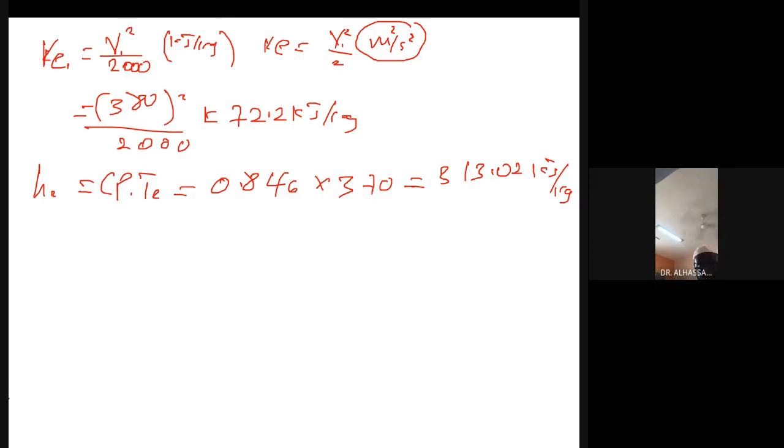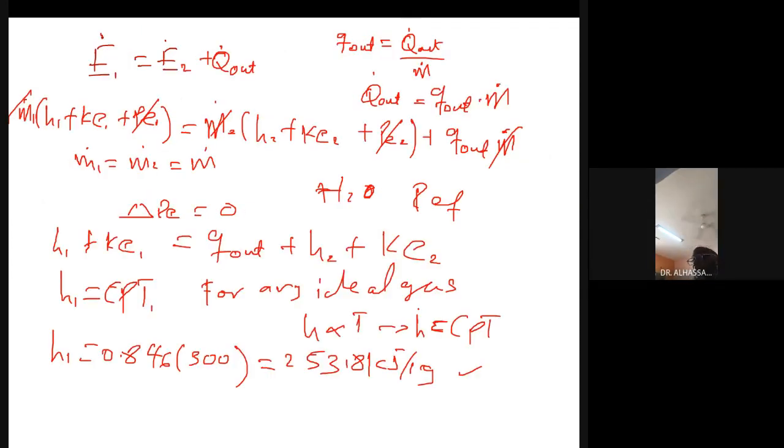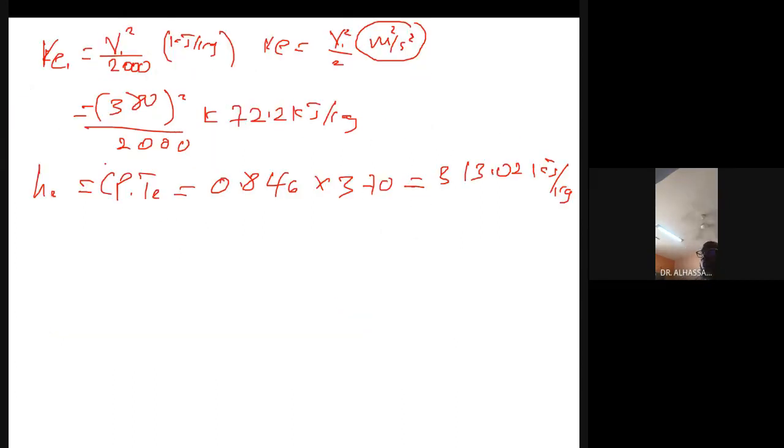Now we don't know the kinetic energy, we don't know the velocity at state 2. That's what we are interested in determining. So now we know H1, we know H2, we know KE1. So in this final equation, we can find KE2.